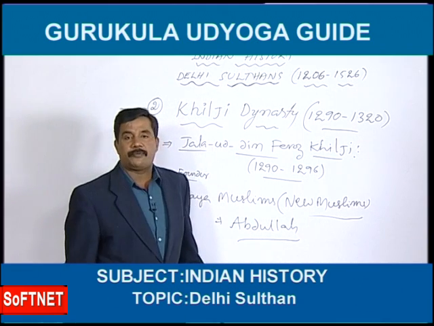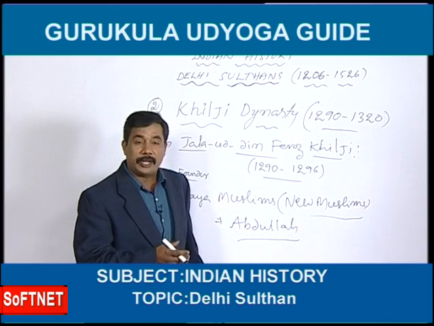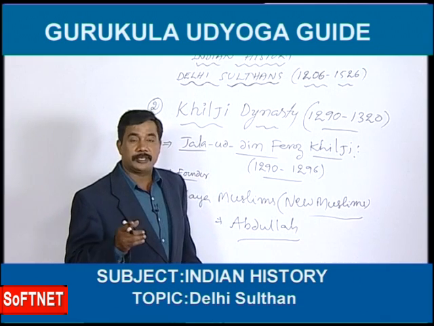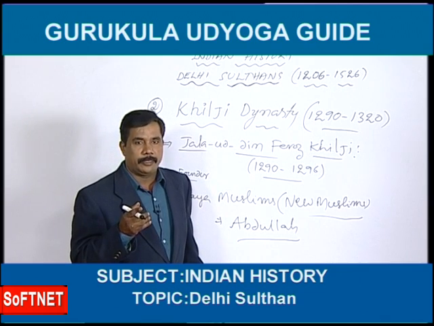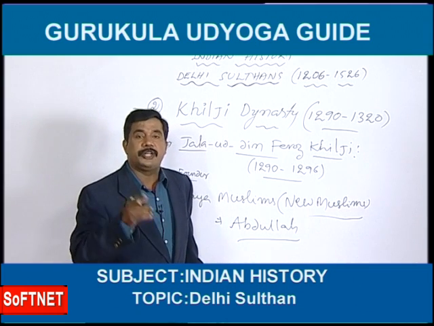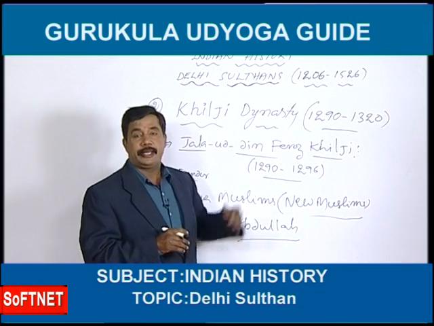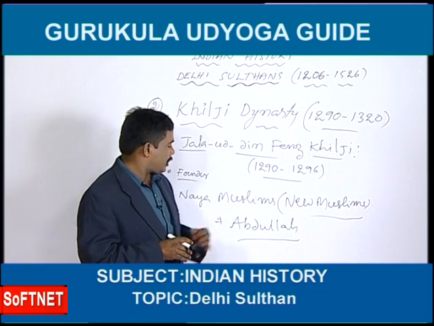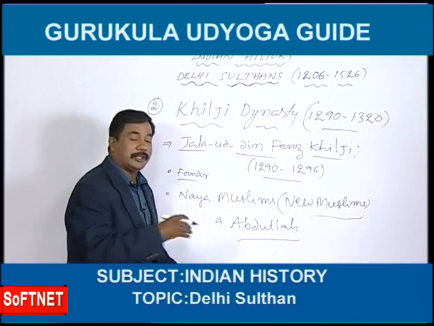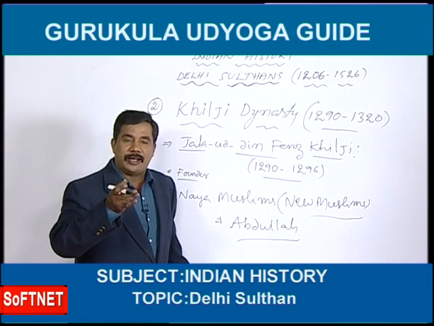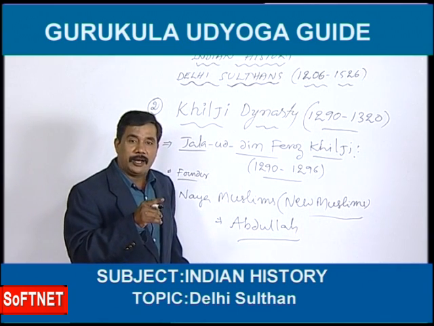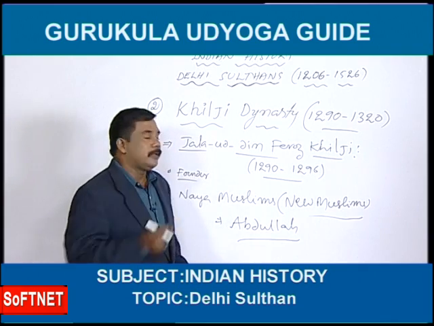Abdullah was defeated by Jalaluddin Khilji, but he converted Abdullah and other Mongols into Islam. They embraced Islam, that's why in Indian history they are called Naya Muslims or New Muslims. He married his daughter to Abdullah, so Abdullah became the son-in-law of Jalaluddin Khilji.